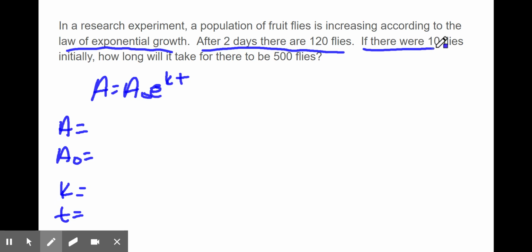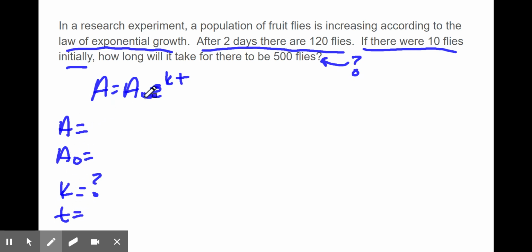If there were 10 flies initially, how long would it take for there to be 500 flies? So this is the question we want answered. But to do that, we need to know what k is. There's no k listed in this problem.